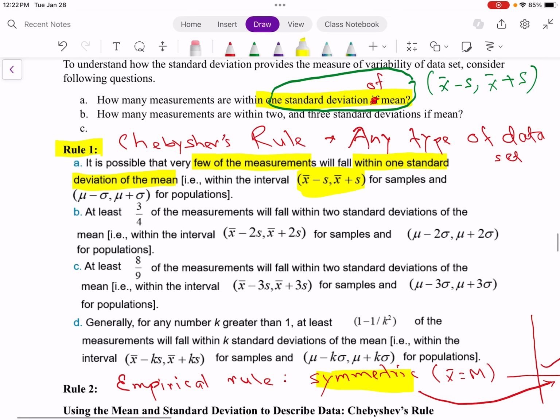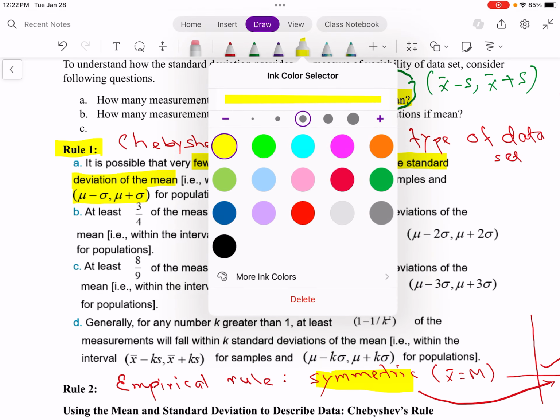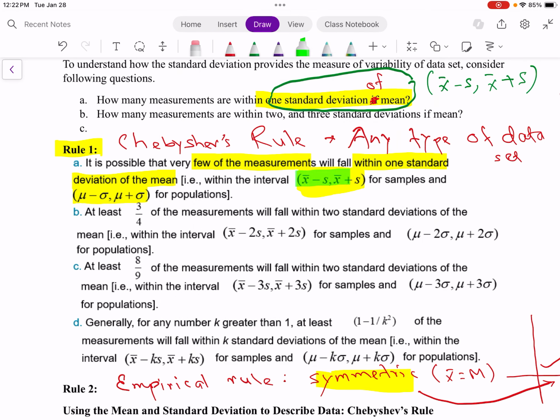Now, what about this interval here? What differences do we have between these two intervals? Who can tell me? We have this interval and we have this interval. What differences do you see here? That's right. In the first interval, we have x bar and s, so this interval is for a sample. If you are finding the number of measurements within one standard deviation of a sample mean, you use this interval.